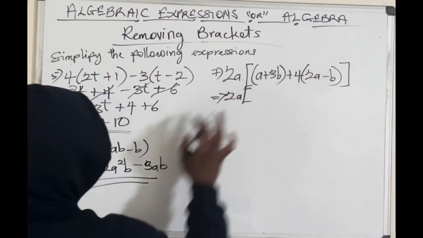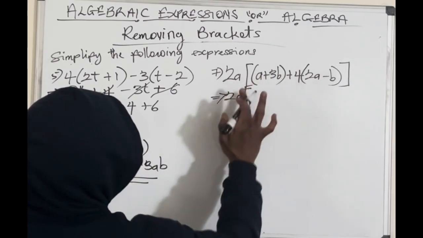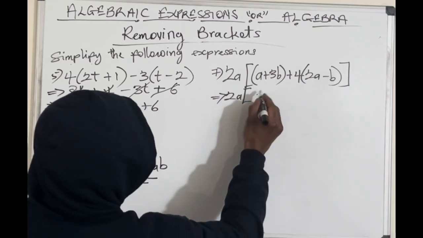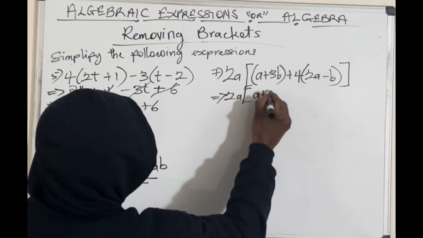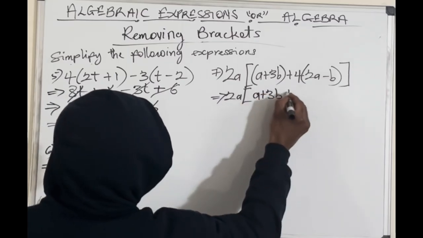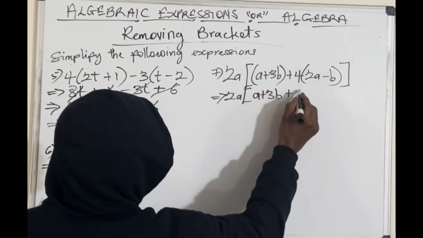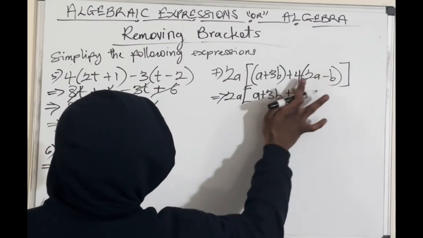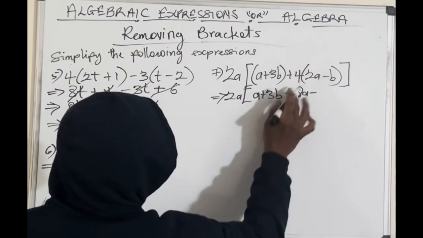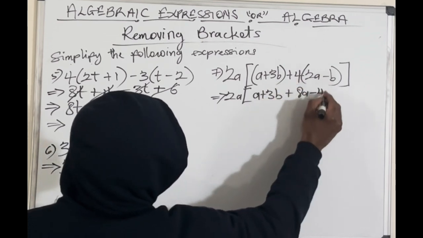Let's remove the bracket first. What is inside there? When we multiply 1 through, we get a plus 3b, plus 4 to 8a, then minus positive will be what? Minus 4 times b is what? 4b.